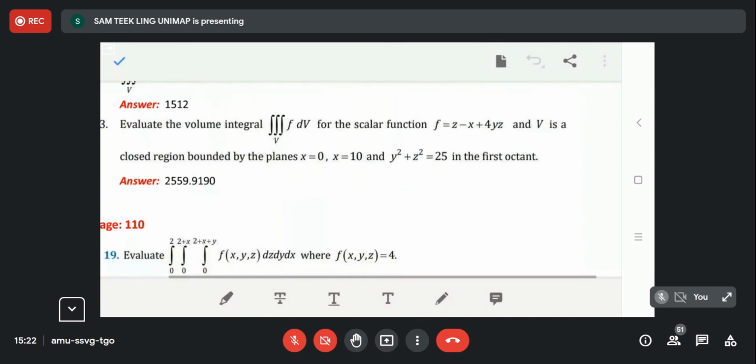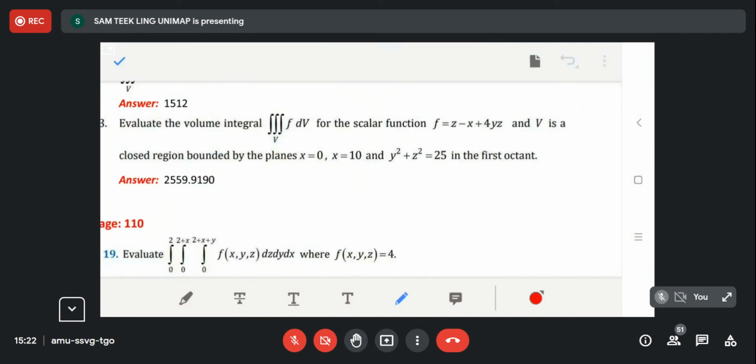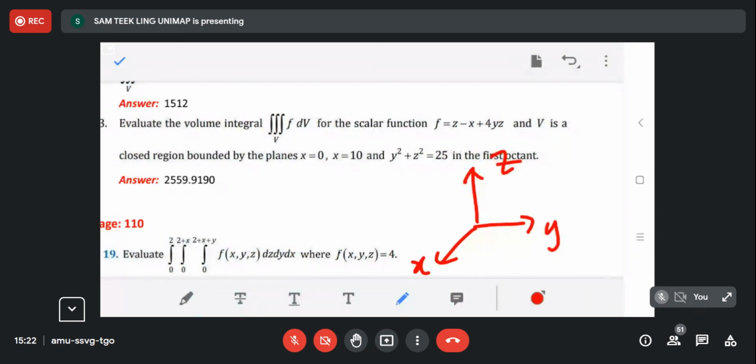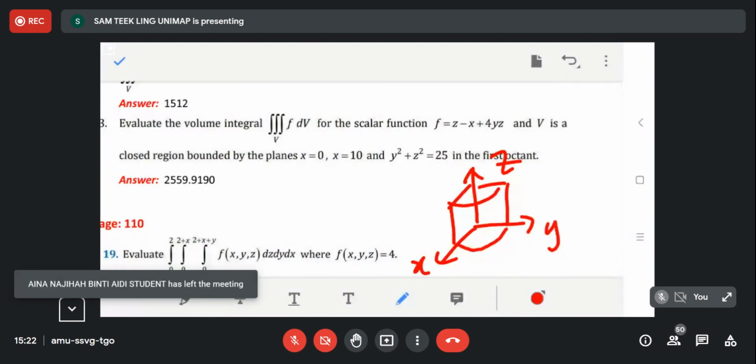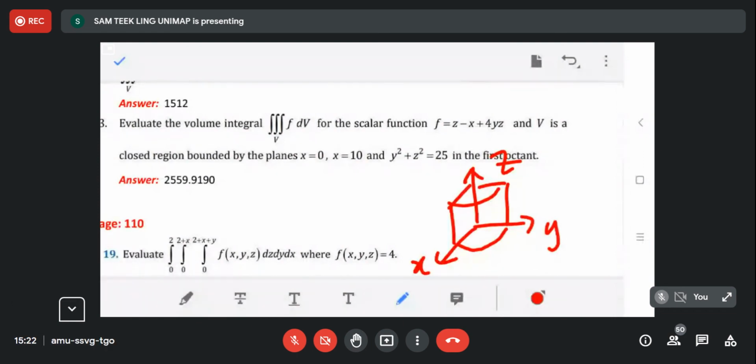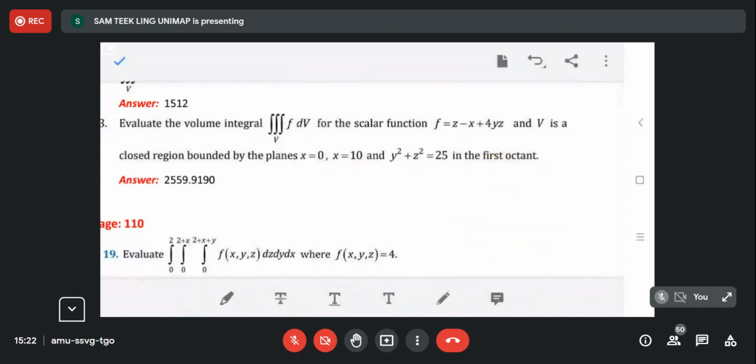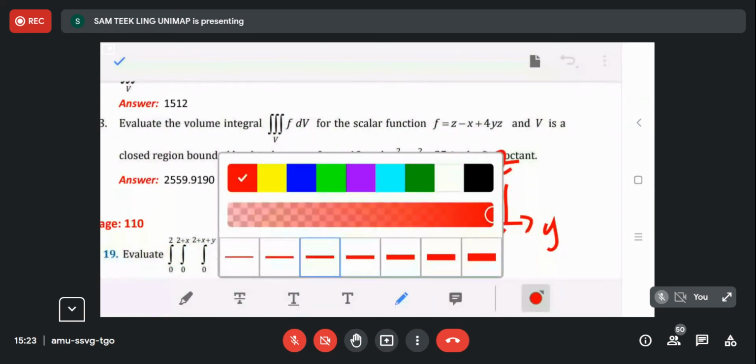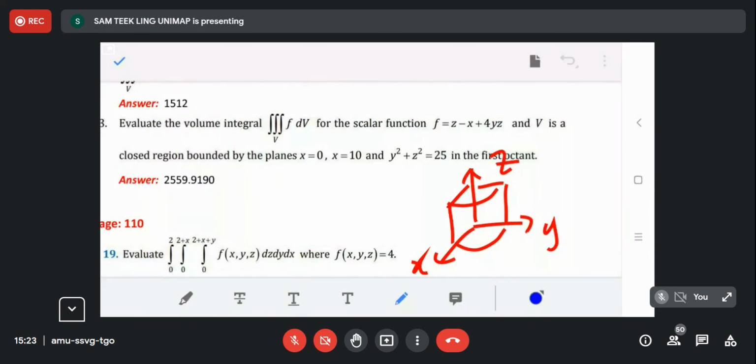Always for our first order cylinder we use X, Y, Z. But for this question, you can see now Y and Z form a circle.